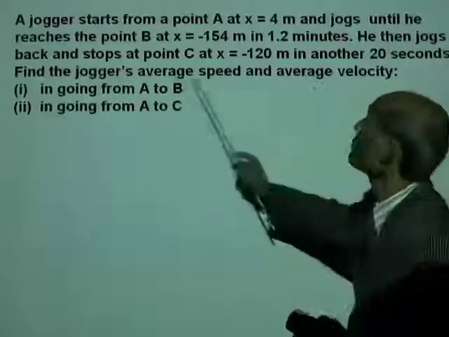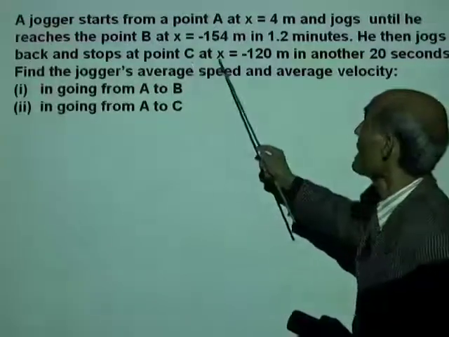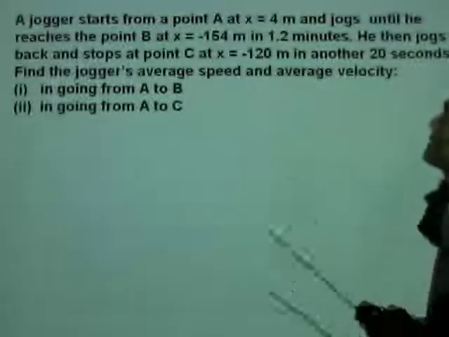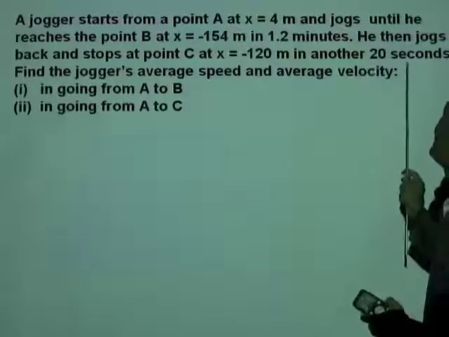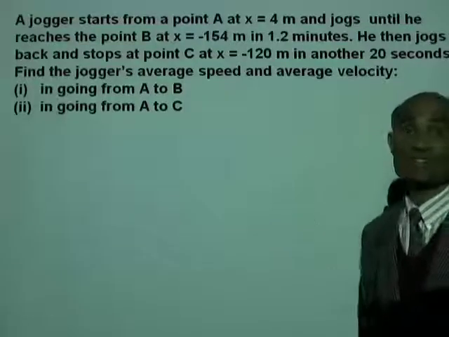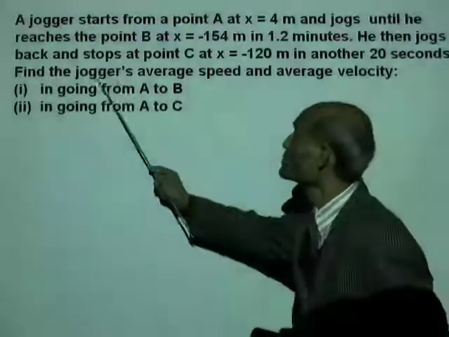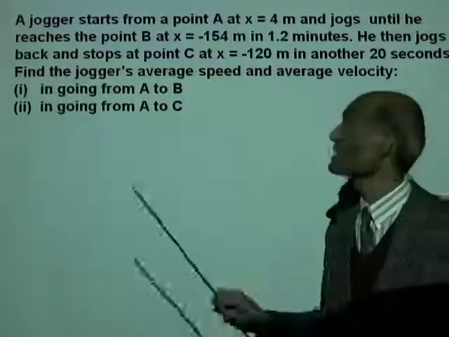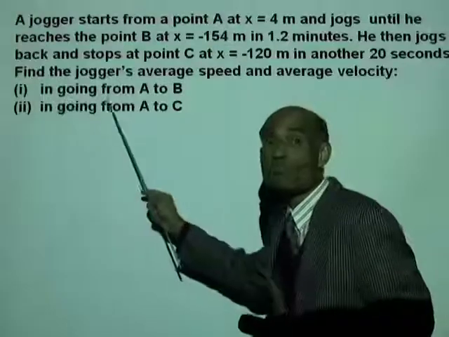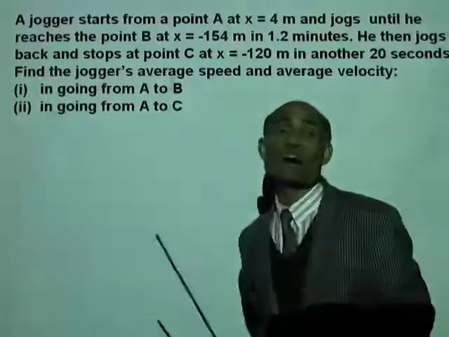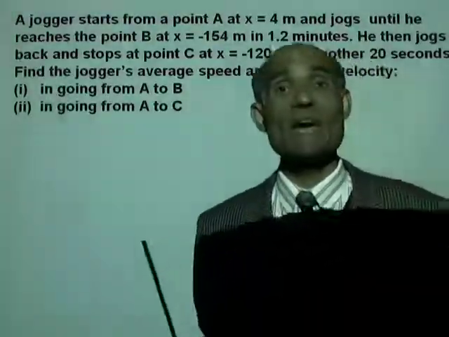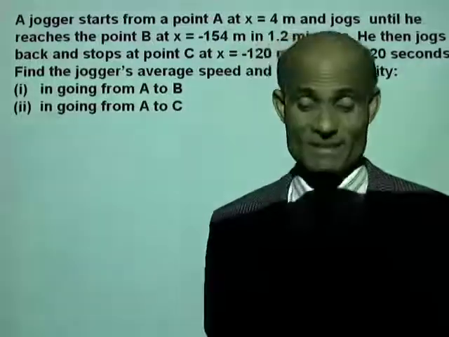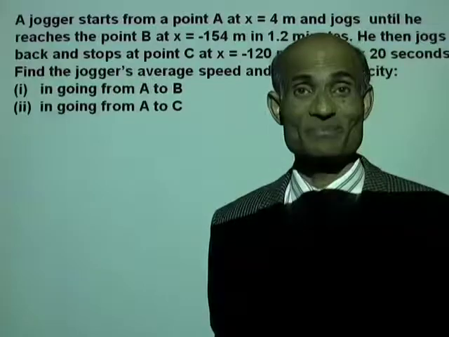He then jogs back and stops at point C at x equal to negative 120 meter in another 20 seconds. Find the jogger's average speed and average velocity, one in going from A to B and one in going from A to C. Well, can you do that on your own?